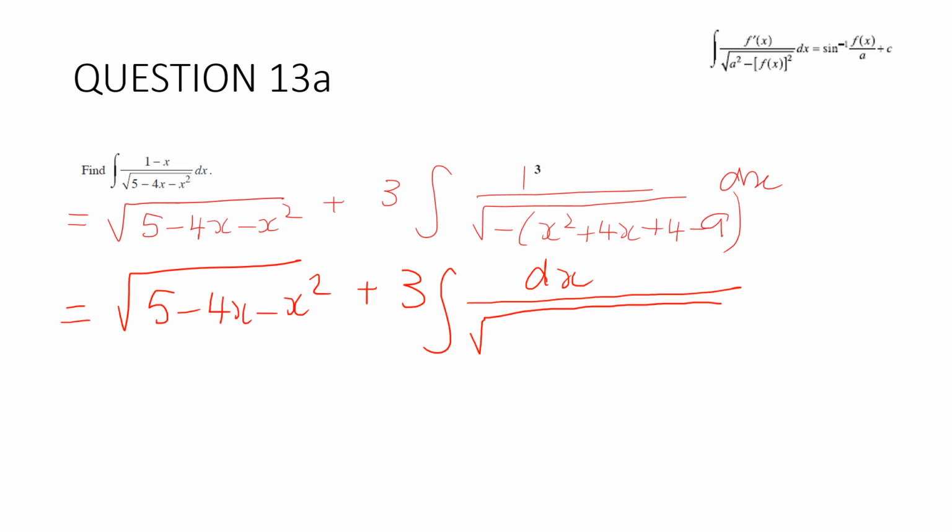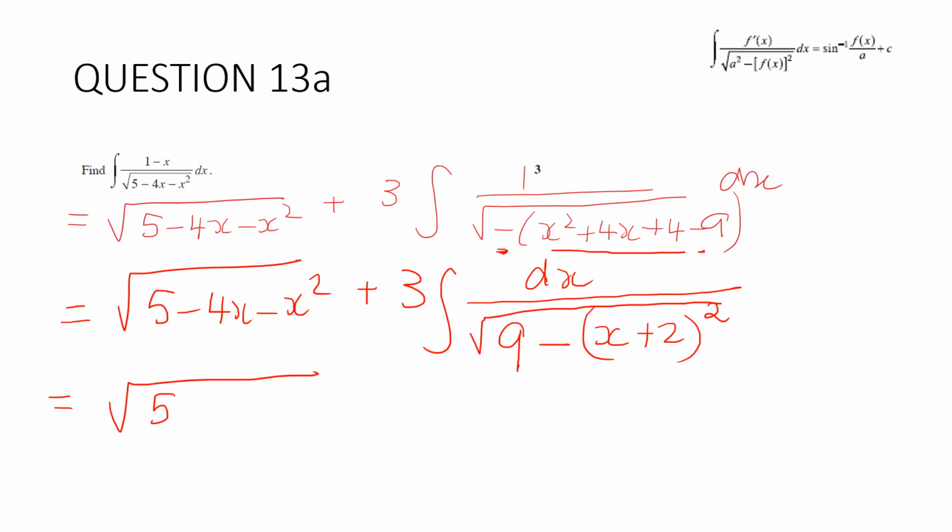Let's tidy this up. You can see the negative here and the negative here, so that's going to be 9 take away, and then completing the square here, x plus 2 all squared, equals square root of 5 take 4x minus x squared plus 3 inverse sine of x plus 2 over 3 plus c.